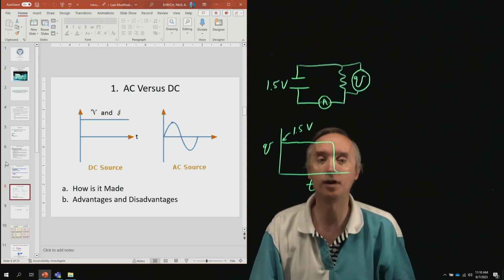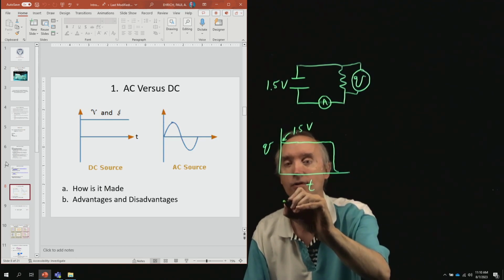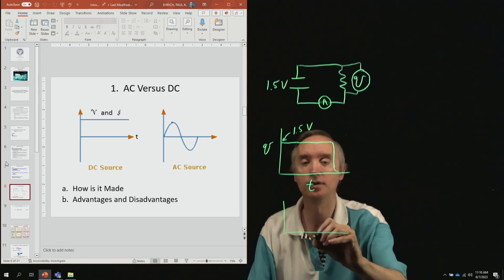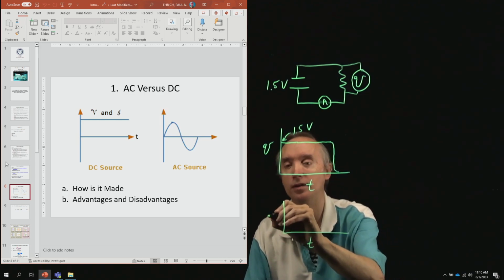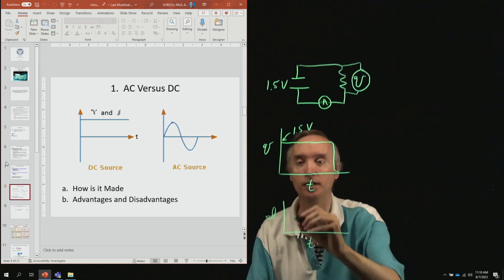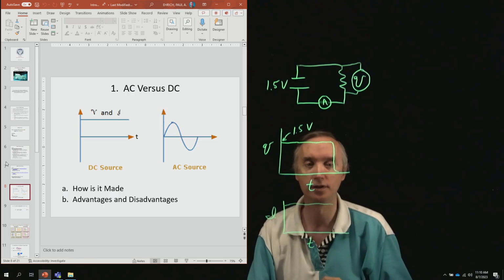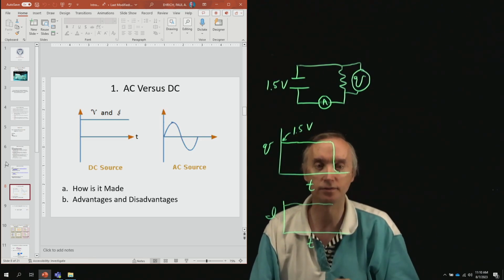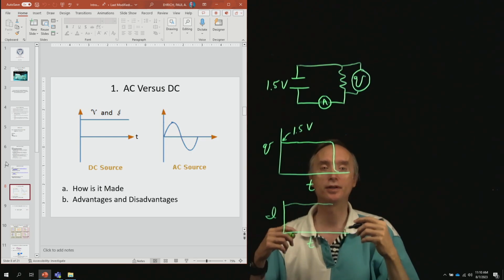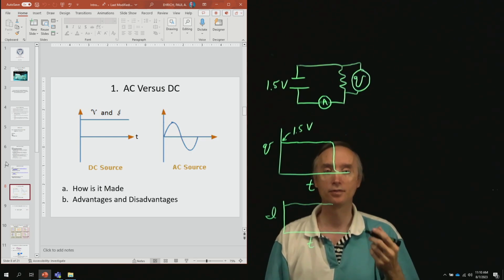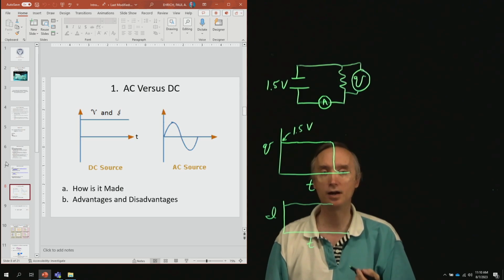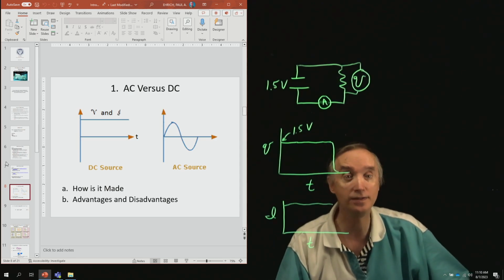And what we would find is we would get another graph over here, and then this one could be the current versus time, and it would be the same looking kind of graph, a straight line. So in a DC circuit, the voltage is going to be constant, and also the current is going to be constant in there.